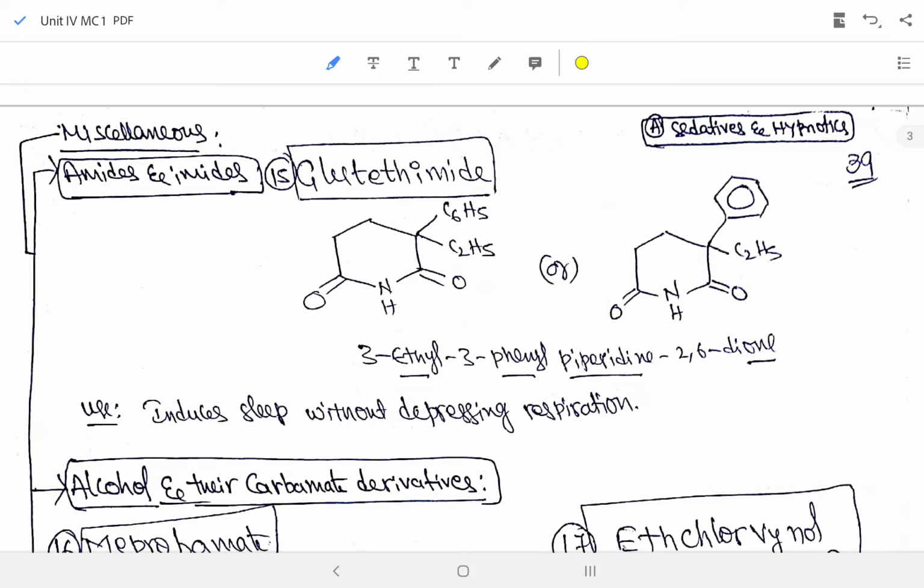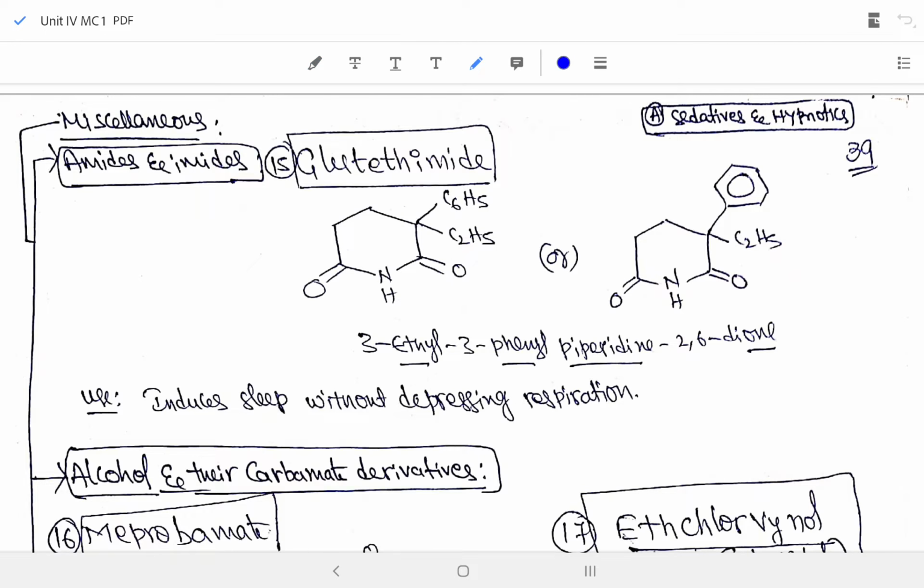Now we have miscellaneous agents that act as sedatives and hypnotics. Amides and imides: you have glutethimide. This is the structure of glutethimide. If you remember heterocyclic chemistry, this ring is a piperidine ring.